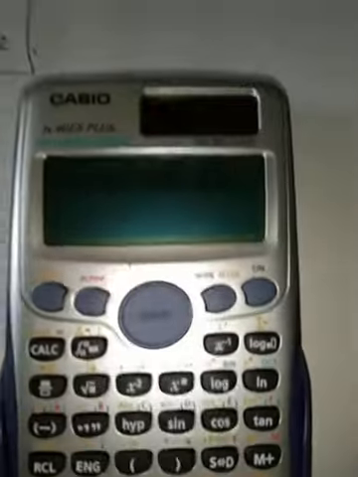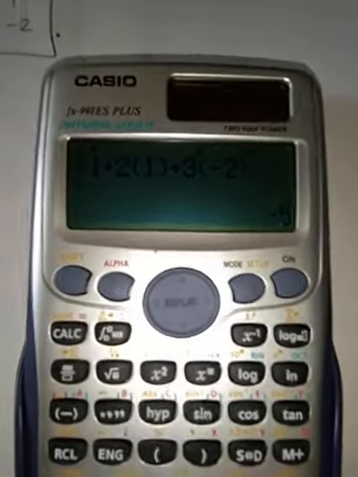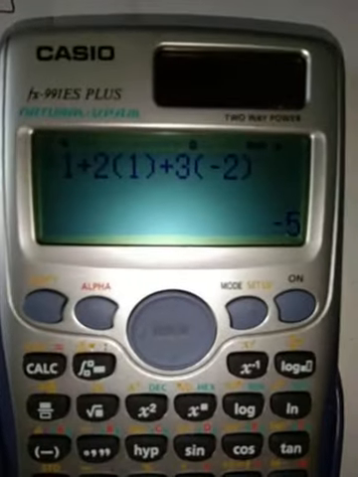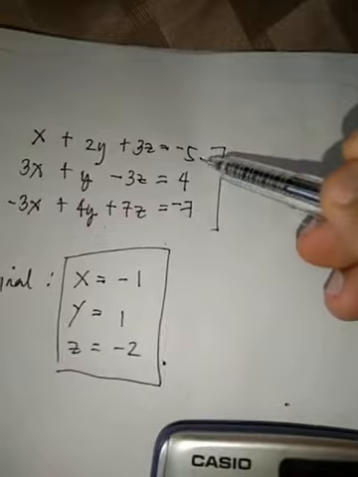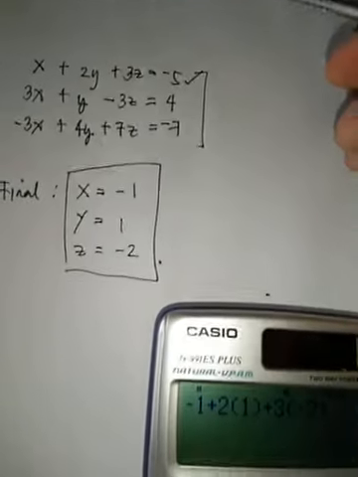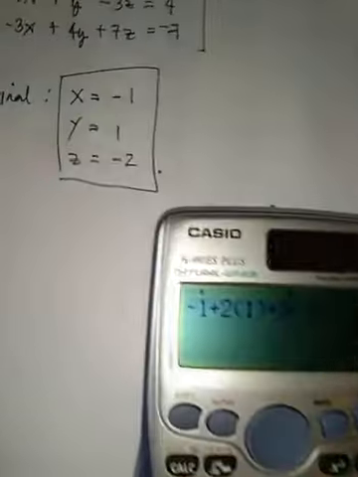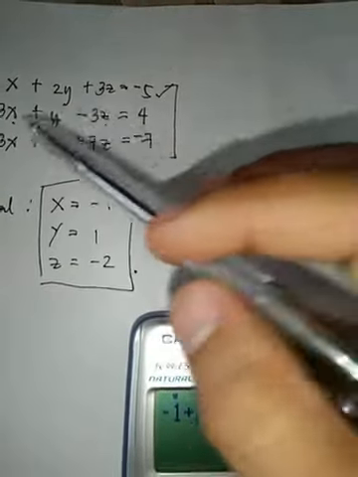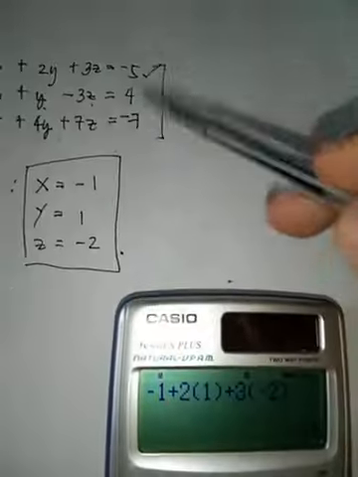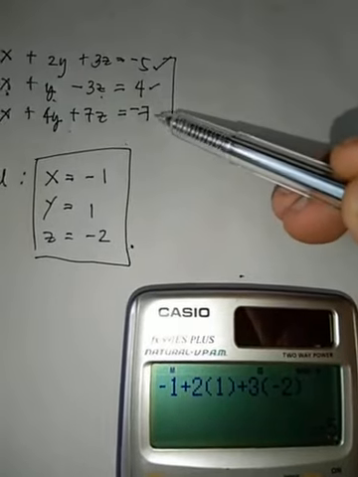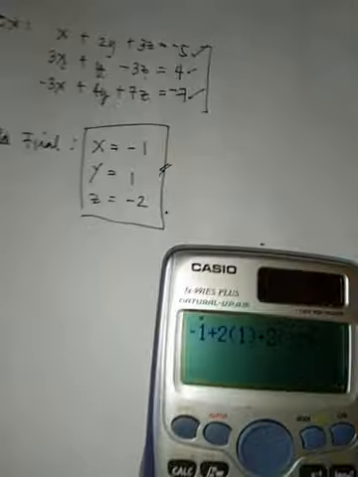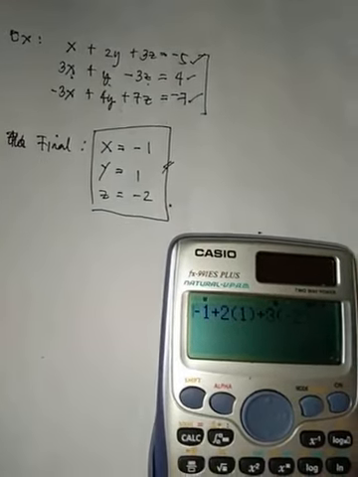So the result is negative 5. See, so this is satisfied. I'm pretty sure that if you substitute x, y, and z, the second should be 4, and this one should be negative 7. That is the result I want to see.